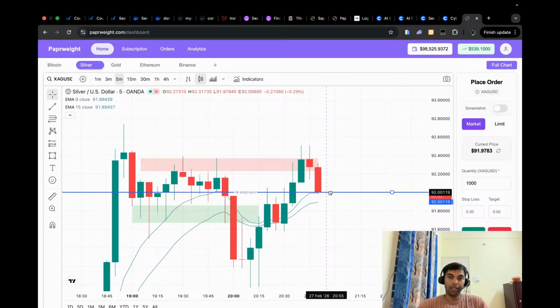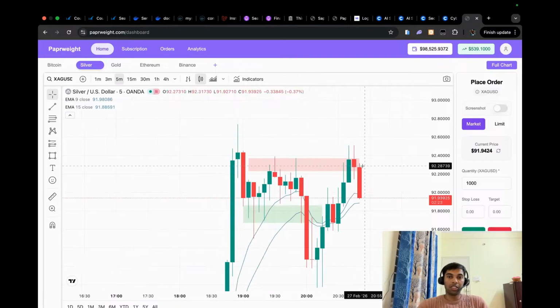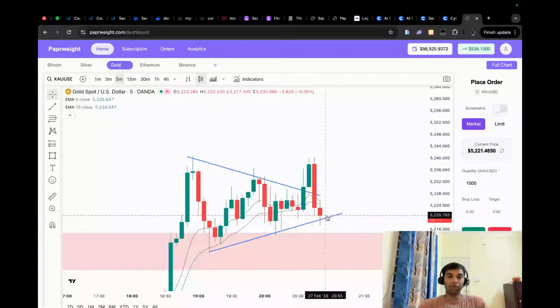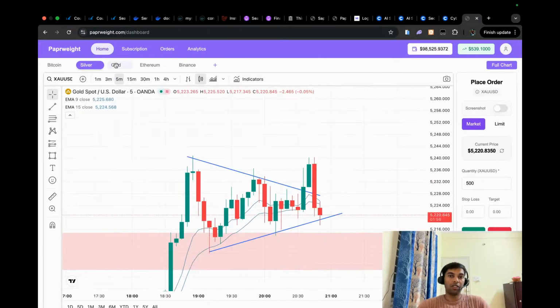Great. Let's see how this candle will close. Although it took a rejection from this selling zone, gold is taking rejection from this trend line, which means the buyers are active. If we find difficulty, then we can punch the order on the buying side with less quantity.